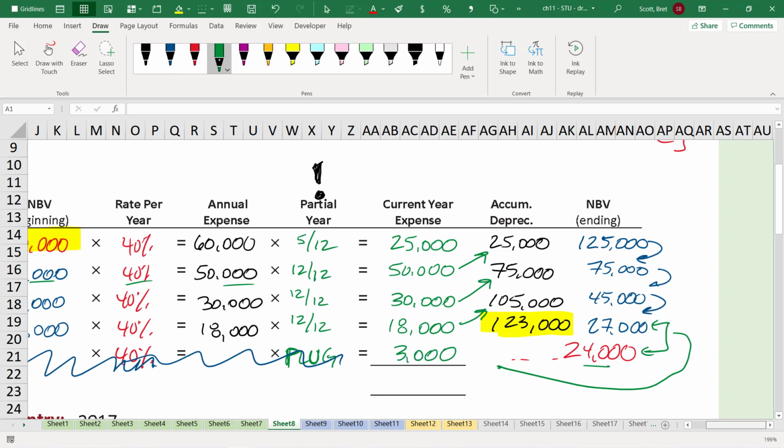That's why it's a plug figure. That's got to be the most. When you add that with beginning accumulated depreciation, you get $126,000. Guess what? That's our depreciable base. How about that?